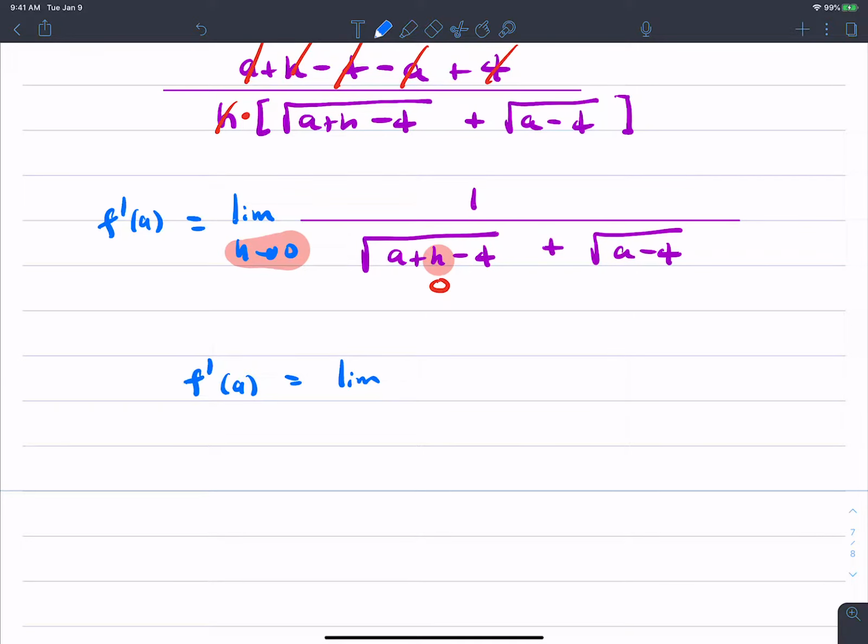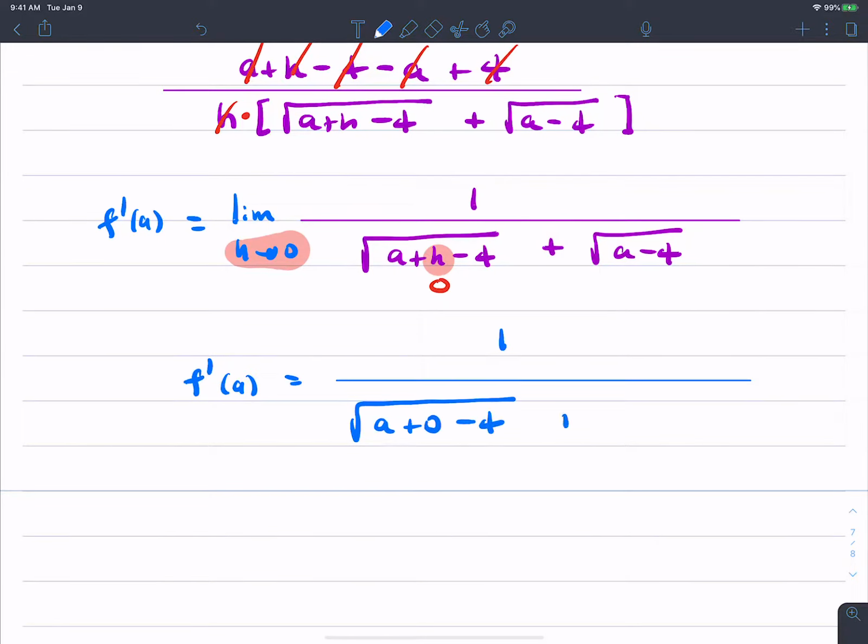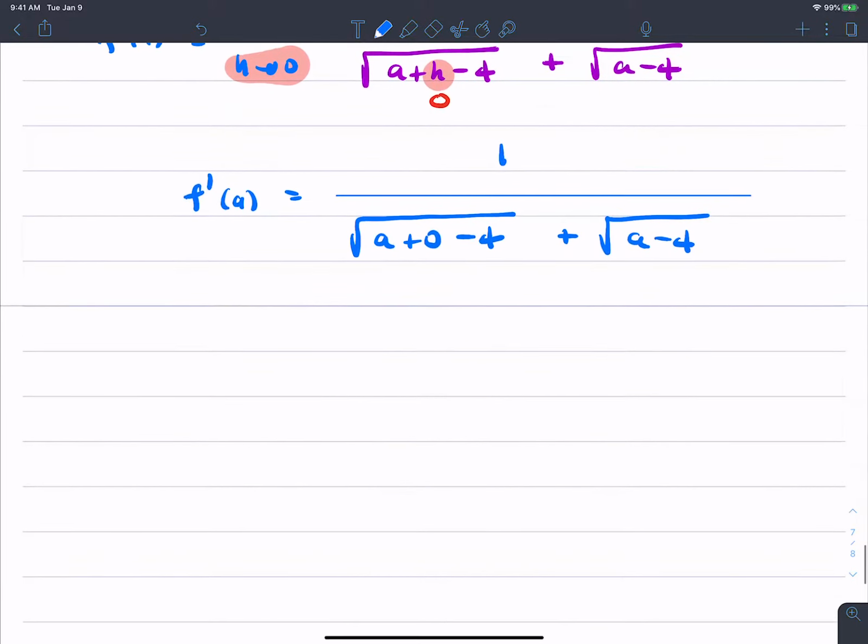All right, let's apply the limit. Square root a plus 0 minus 4 plus square root a minus 4.